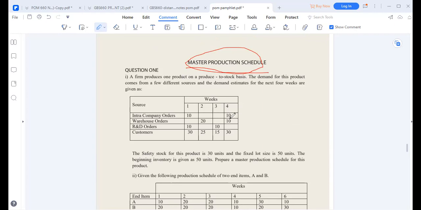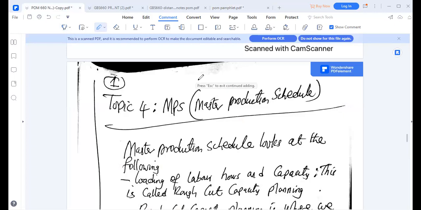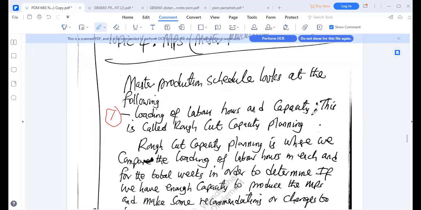All right, so the master schedule looks at the following. The first component of it is the loading of labor hours and capacity. This is called the rough cut capacity planning.